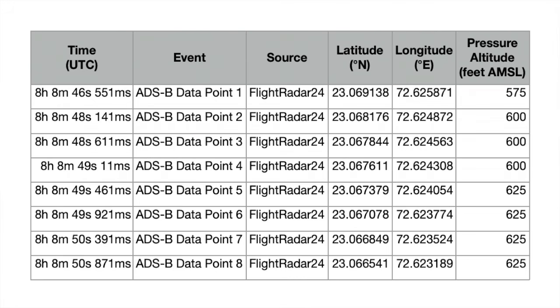That means the reported post-takeoff values of 575 to 625 feet indicate the aircraft was only about 60 to 115 feet above the runway on a pressure altitude basis, or roughly 60 to 120 feet after allowing for the hot 37 degrees centigrade conditions.